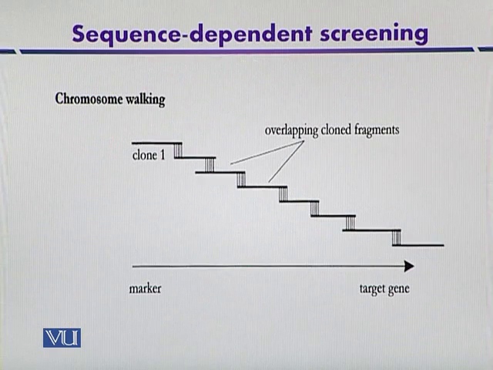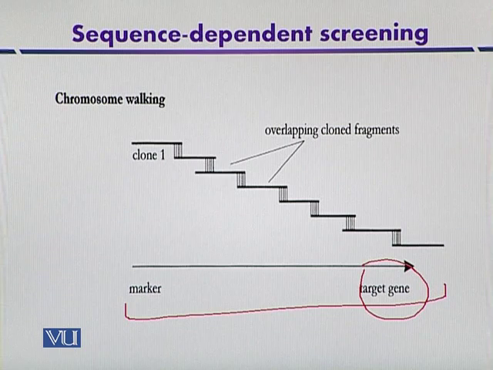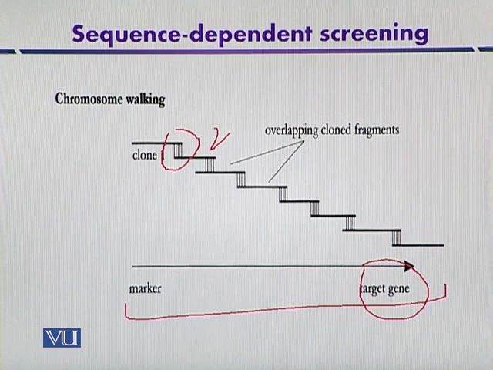This diagram also indicates chromosome walking, where we can detect overlapping DNA fragments. Suppose this is a DNA fragment here, and this is our target gene, and we want to go towards our target gene. This is the first clone that has overlapping ends with the next clone. The first clone is used to detect the second clone, and then the second clone has overlapping ends with the next DNA fragment.